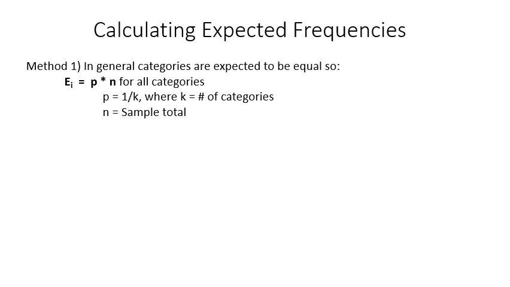If all categories are expected to be equal, then the expected for each category is going to be probability of that category times n. N being the n from the sample, so the sample n.